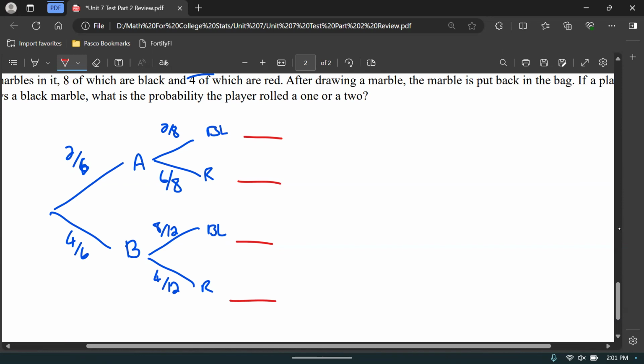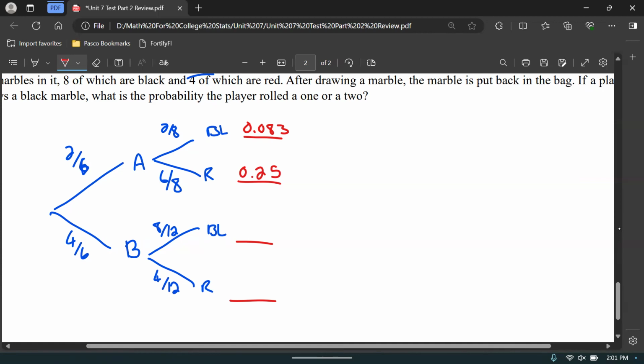which comes out to 0.083. Then I have 2/6 times 6/8, which is 12 out of 48, which is 0.25. Then I have 4/6 times 8/12, which will be 32 out of, what's 6 times 12? 32 out of 72.